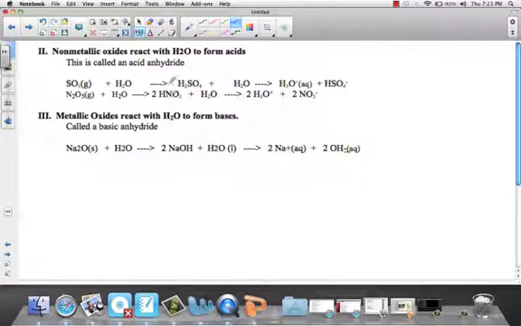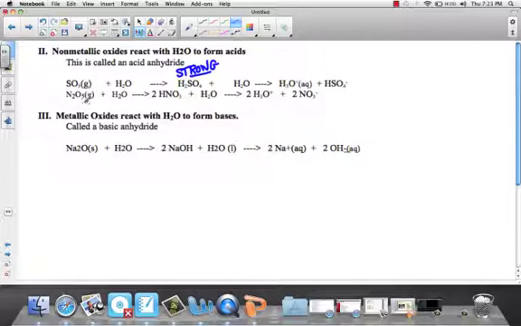Now, H2SO4 is one of the big six. This is very, very strong. So while in solution, it is going to react with water and break down into H3O+ and HSO4-. This is a subsequent reaction due to the fact that this reaction produced a strong acid which is immediately going to dissociate.